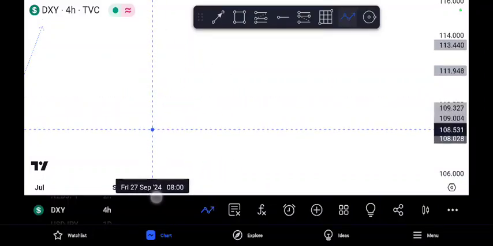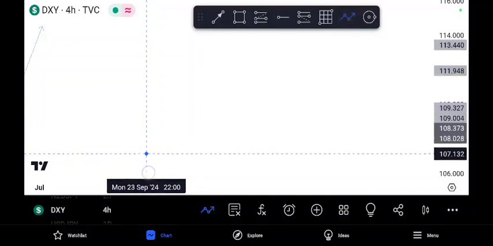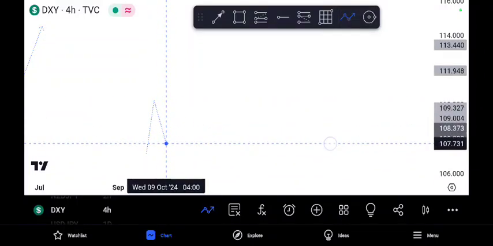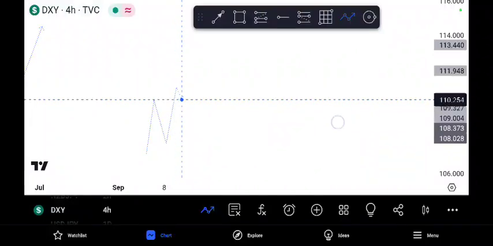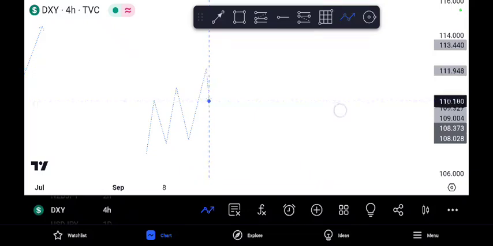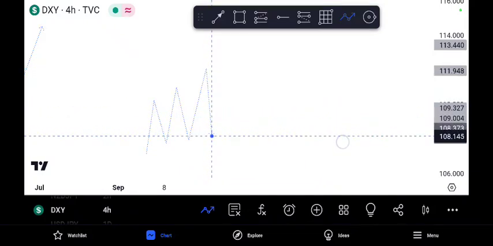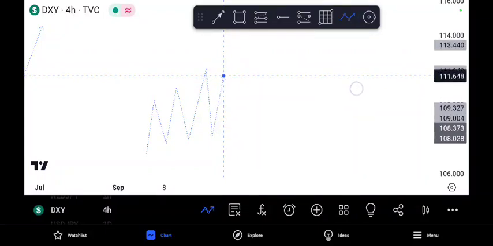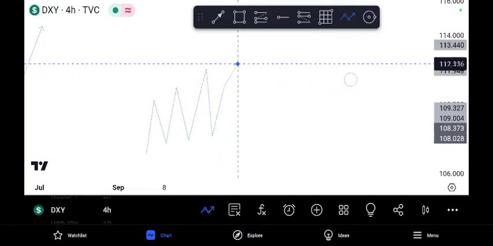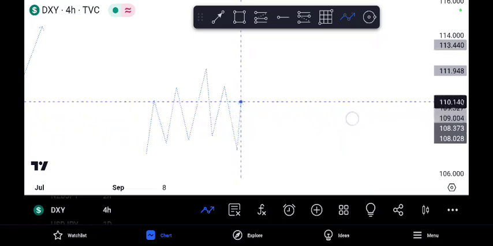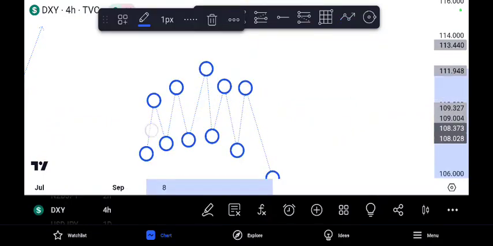When you have something like this, the market was trending to the upside, moving in this direction, and the market did something like this, failed to break this high. Then the market will come back, break this low, tap into here, and then the market will sell to the downside.